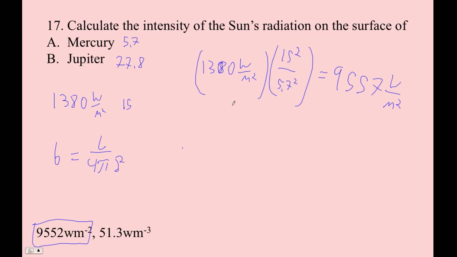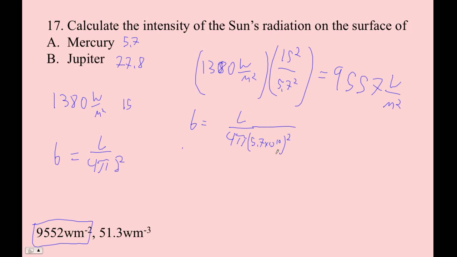So anyway, that's that. Let's suppose I play by the rules and do this exactly the way I should. The brightness of Mercury is going to equal the luminosity of the sun divided by 4 pi times 5.7 times 10 to the 10th, squared.